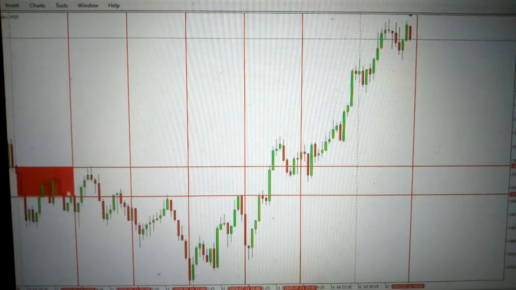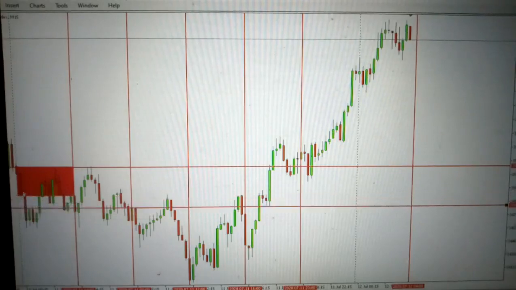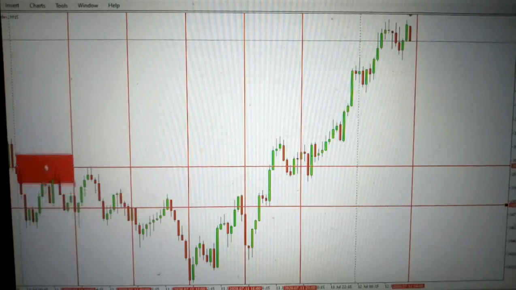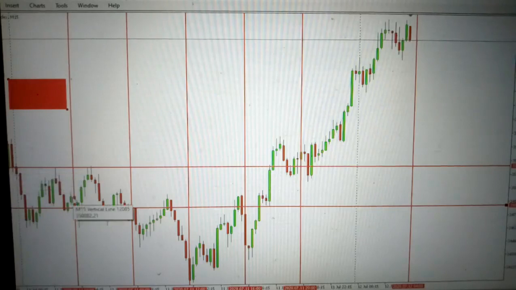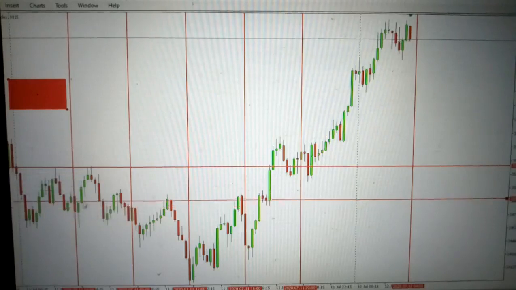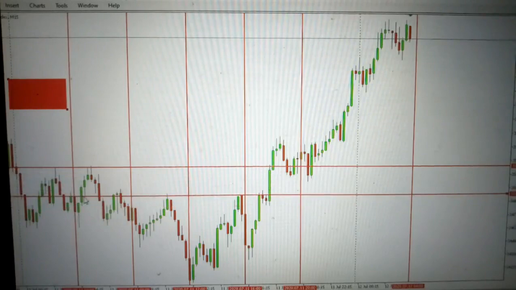So I'm just going to delete this rectangle. I'll try to delete the rectangle because it's not part of what I want to use. So closing price of the initial 4-hour to the closing price of the next 4-hour. That's that.